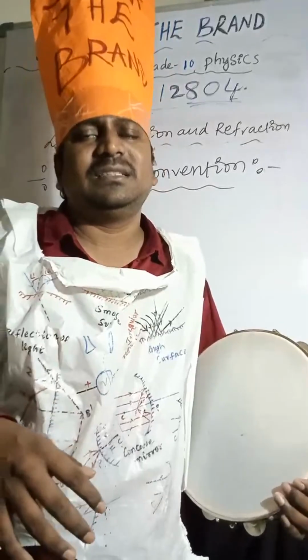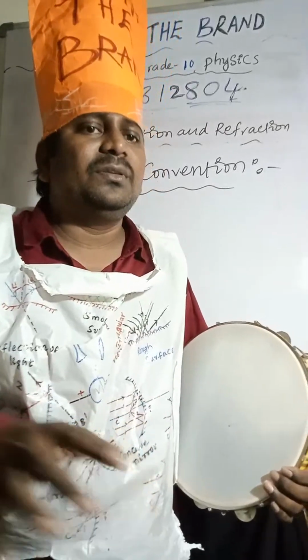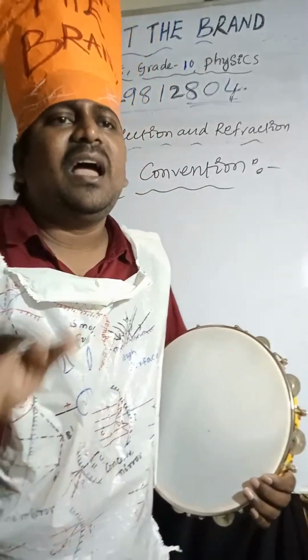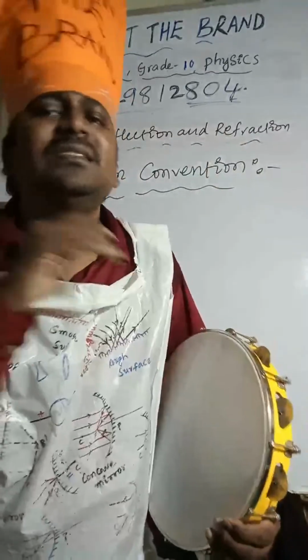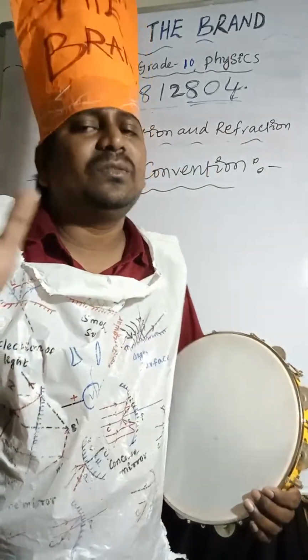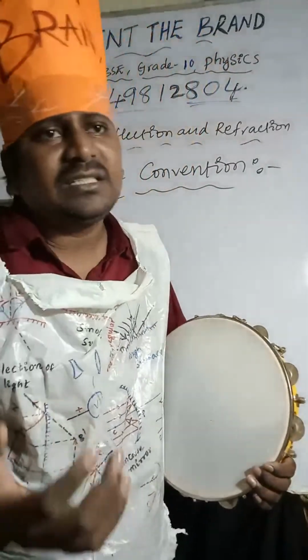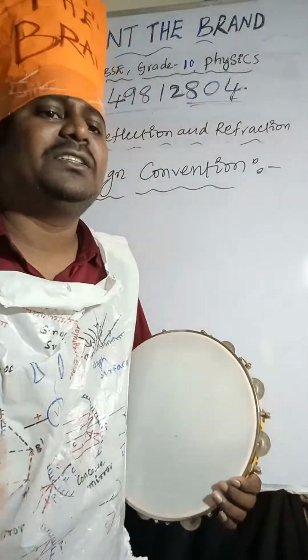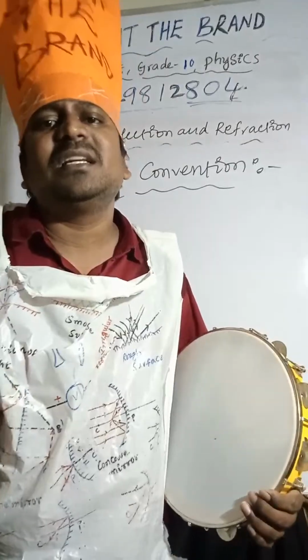New Cartesian sign convention. All distances measured from the pole. Distance positive along the incident trace. Distance negative opposite to the incident trace. Distance positive above the principal axis.